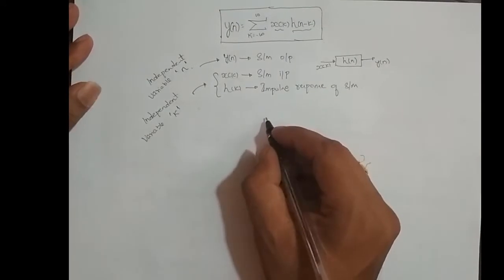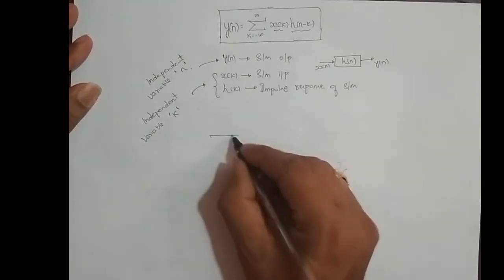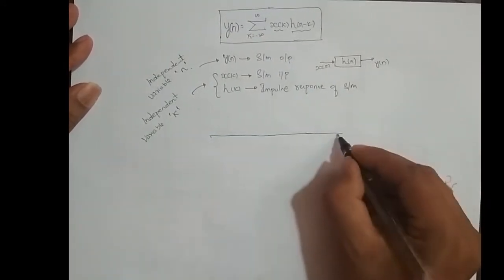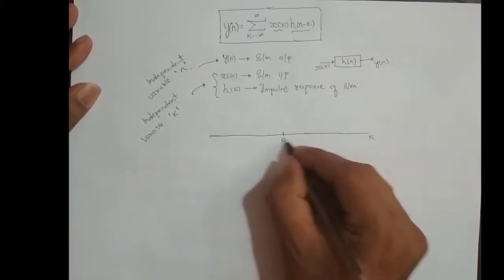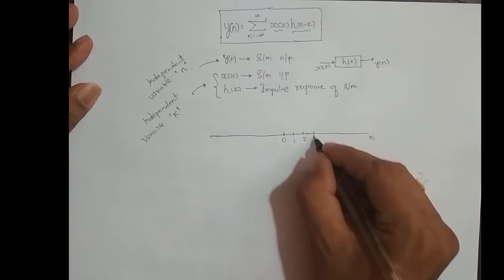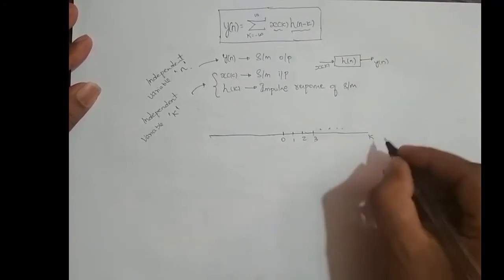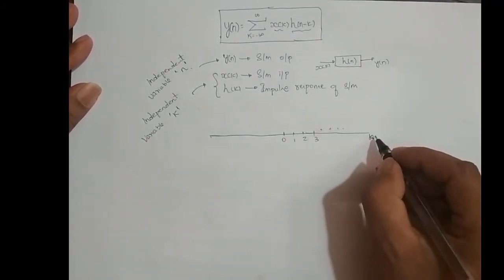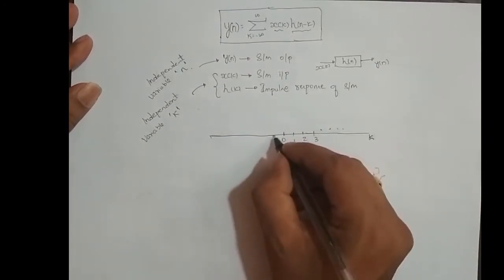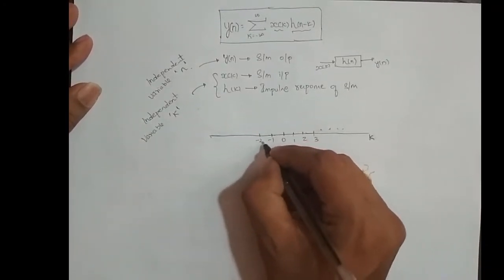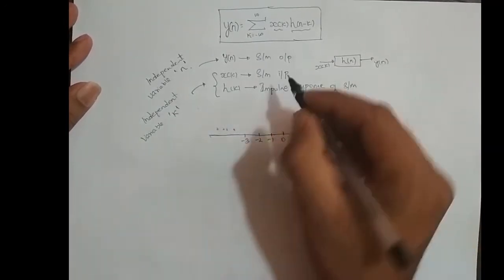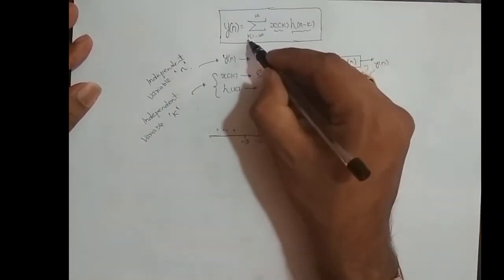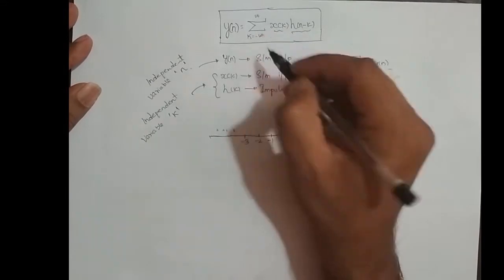So let us assume that we have independent variable k here: 0, 1, 2, 3 goes on till k varies to plus infinity, and again here minus 1, minus 2, minus 3, and so on. So k is varying from minus infinity to plus infinity, because in the equation we have k varying from minus infinity to infinity.